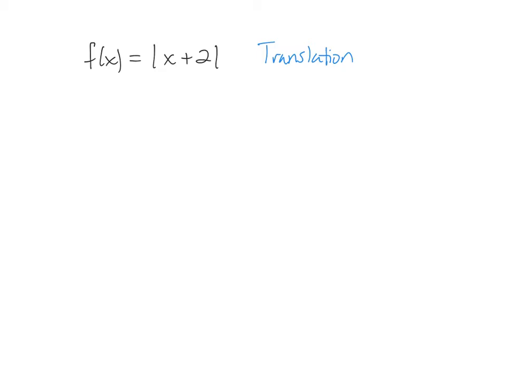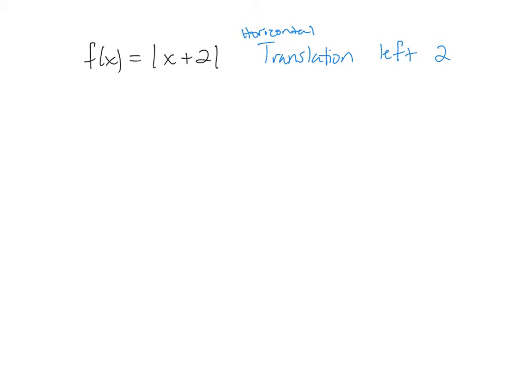So positive 2 would be to the right, but we said no, we're going to do the opposite, and it's going to be a translation left 2. I messed up the word again. Horizontal. Translation left 2. And then I would explain it later.